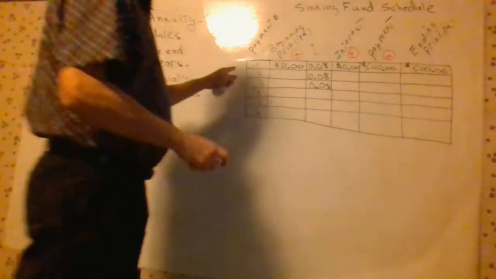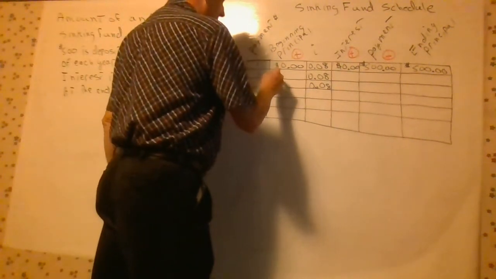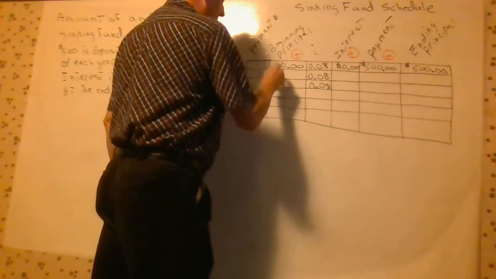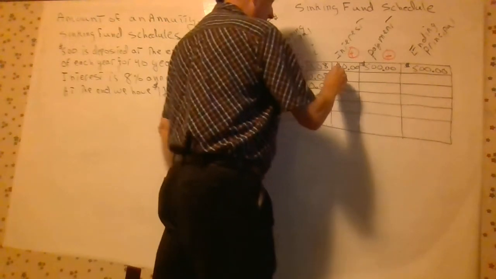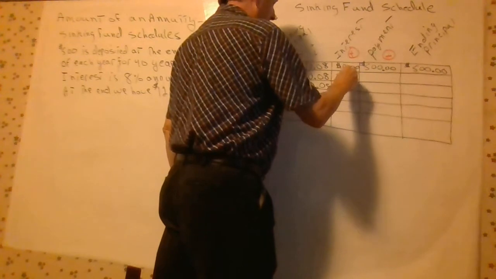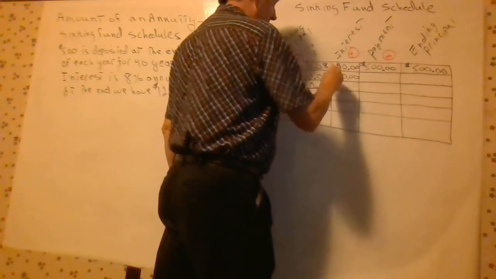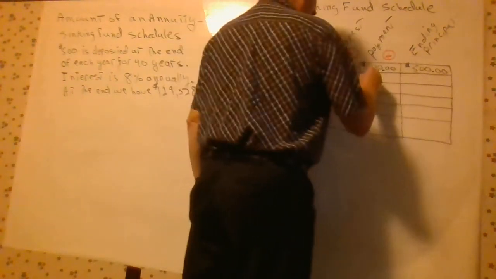So, ending principal we carry down here. Beginning principal for the next period, times 0.08, 8% of $500 is $40. Okay, and we make a payment of 500.